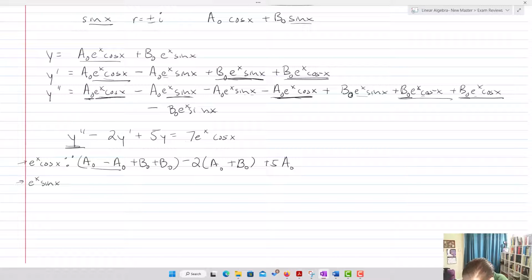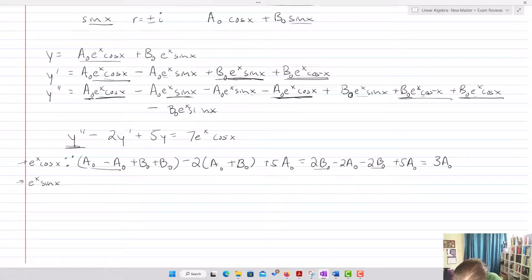These two are going to cancel, so that's my 0 a naught. So this is going to end up being 2b naught minus 2a naught minus 2b naught plus 5a naught. So that's going to end up being 3a naught. Okay, so we got 3a naught, and your b naughts are going to cancel one another.